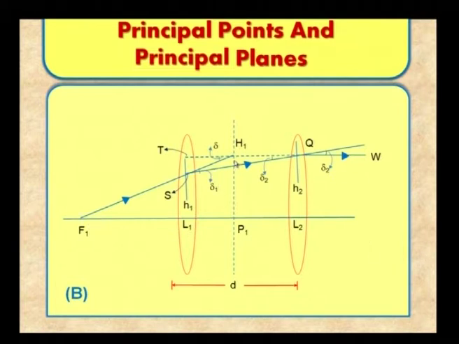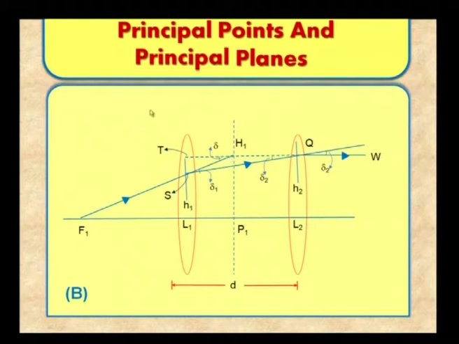This I will be calling the first principal plane, with F1 the first principal focal point. So you have the delta 1 deviation suffered at the first lens, delta 2 the deviation of the light ray produced by the second lens, and this will be your delta.